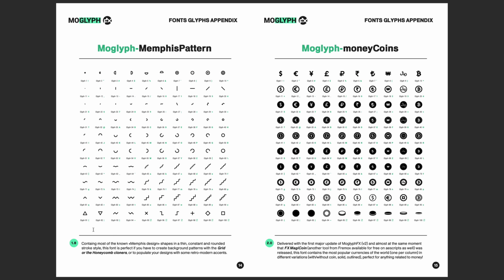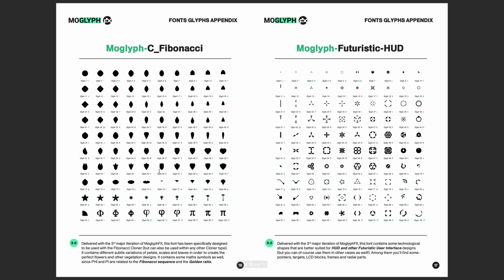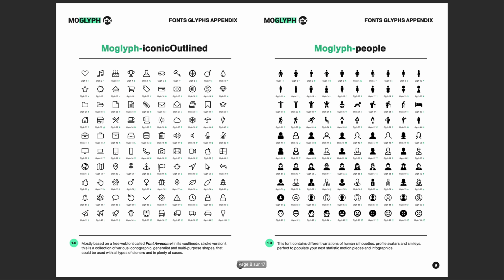In the green circles, you will find the exact number of the MoglyphFX version the specific font was delivered in. For example, if I choose the Moglyph Memphis pattern, I can see that it came with version 1.8. It helps you keep track of each version number.